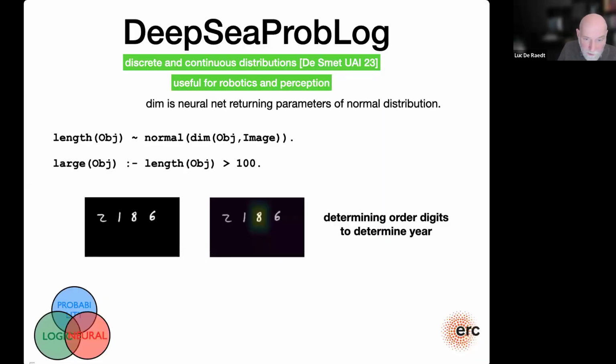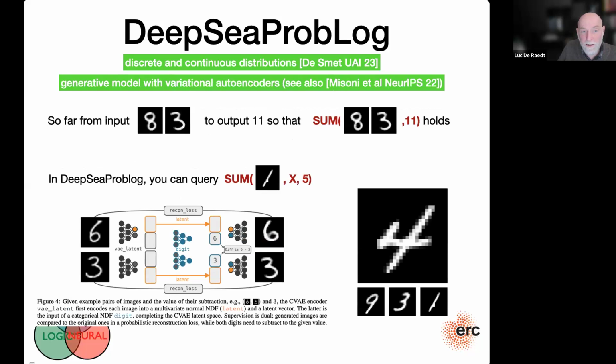We've also looked at continuous distributions, also at generating things. For instance, trying to ask this kind of question. There is work by Mizoni et al. at NeurIPS, also by Leonard at UAI, where you can take this kind of queries and then generate the images, so that if you take the image and you sum the values together with the first value, you would get a 5.